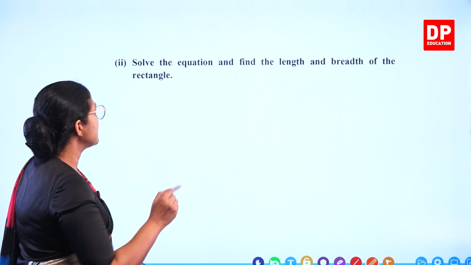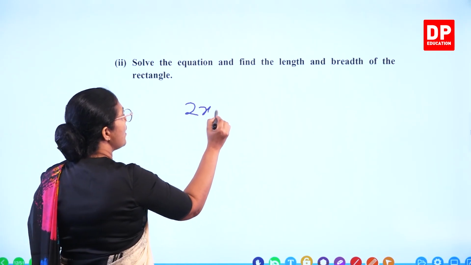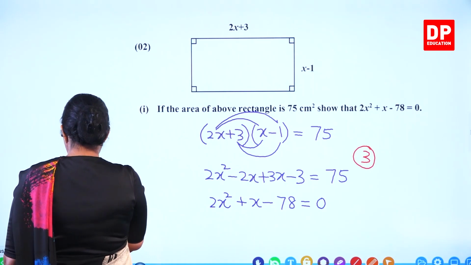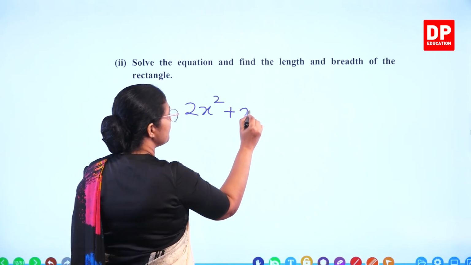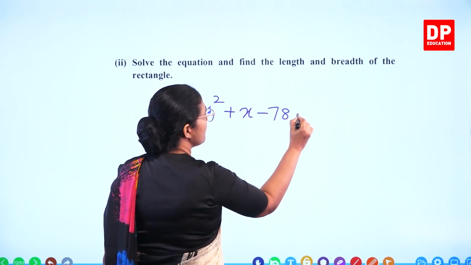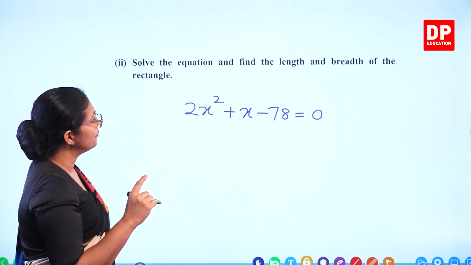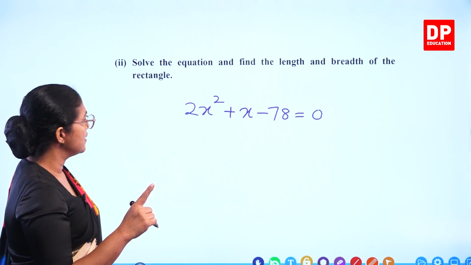Next one, solve the equation and find the length and breadth of the rectangle. So what's the equation? We found 2x squared plus x minus 78. How are you going to solve? Can you factorize this?